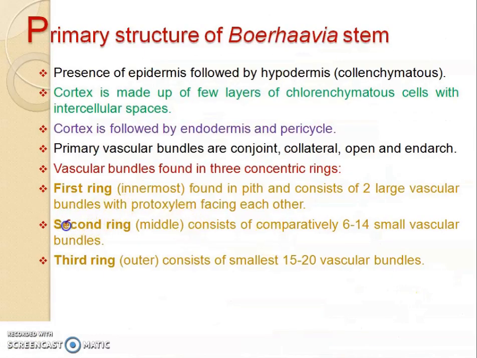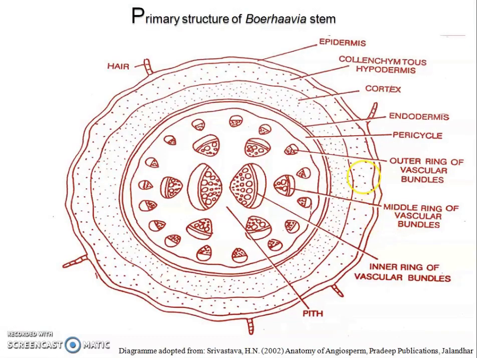The second ring, which is known as the middle ring, consists of comparatively smaller vascular bundles. This vascular bundle ring is the middle ring.